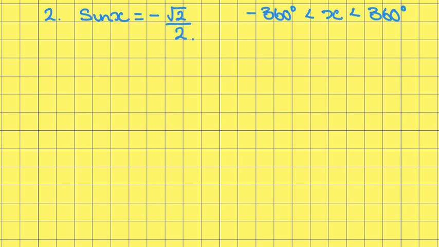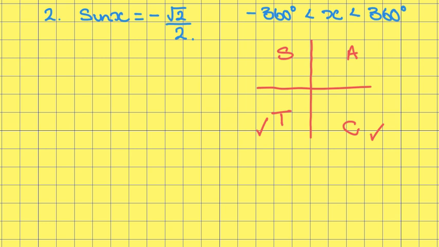Question 2. Sine x equals minus root 2 over 2, for the domain minus 360 degrees to 360 degrees. So if we draw our CAST diagram, we want sine to be negative, so sine is negative in quadrant 3 and quadrant 4.